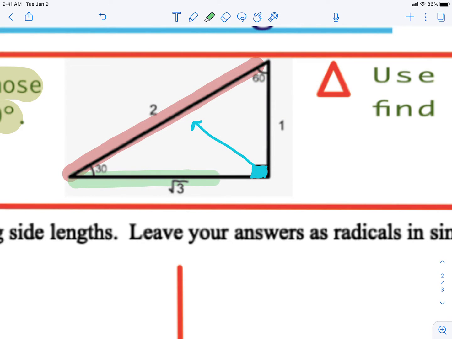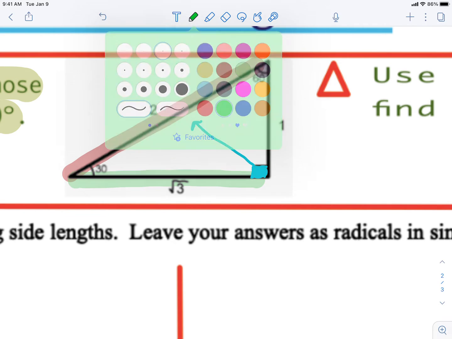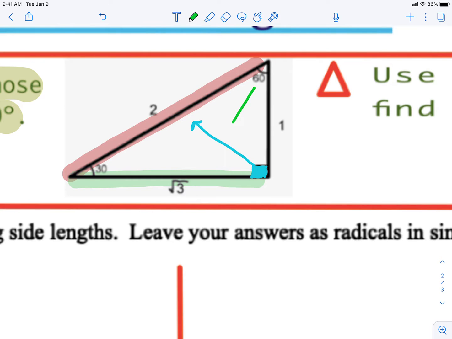It is across from the 60, excuse me, I don't want to get you all confused. Across from the 60. And actually, let me be more exact here.